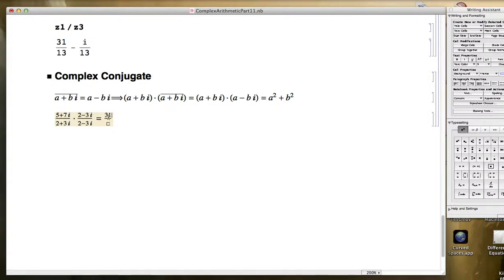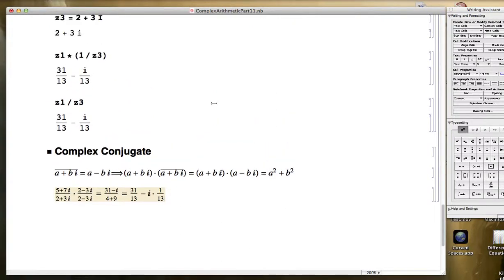So the imaginary part will be negative 1 over something, and the something is 4 plus 9, 2 squared plus 3 squared, 13. The final answer is 31 over 13 minus i times 1 over 13, or 31/13 minus 1/13 i. That's the final answer for the division.